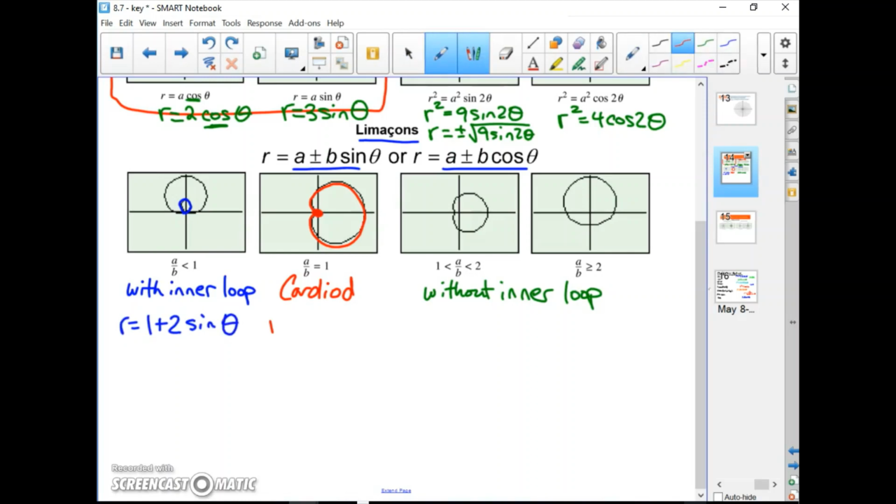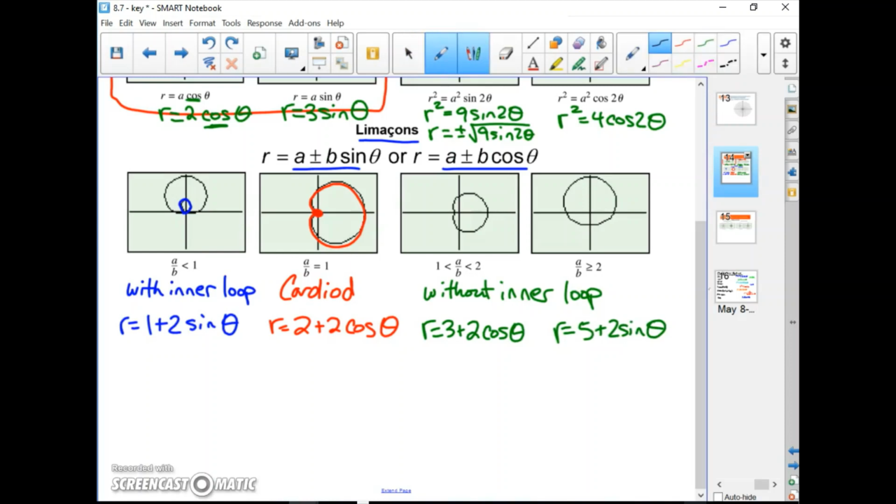A cardioid might look like r equals 2 plus 2 cosine theta. Without inner loop, you might have something in the x direction like r equals 3 plus 2 cosine theta, or something in the y direction, r equals 5 plus 2 sine theta.